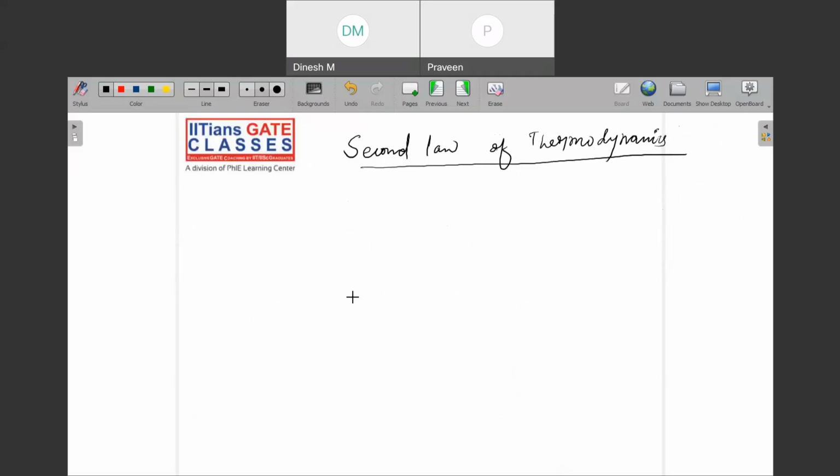In the next class, while starting, we will do a few questions on the first law of thermodynamics, a few questions from steady flow energy equations, and when we are done with that, we will move to the second law of thermodynamics. So let us stop here for today, and we will study the second law of thermodynamics in the next class.